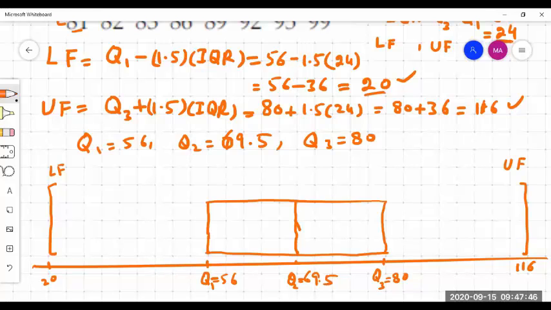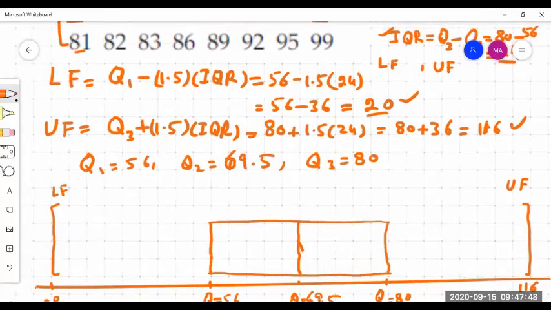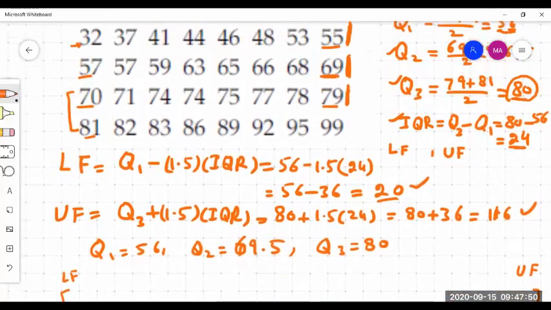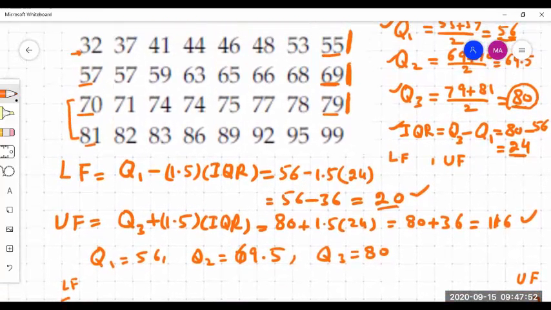I'm moving this screen a little down. So the smallest value in the original data is 32. And it's bigger than 20, so there's no outlier, right? There's no value smaller than the lower fence. So 32 is within the lower fence.